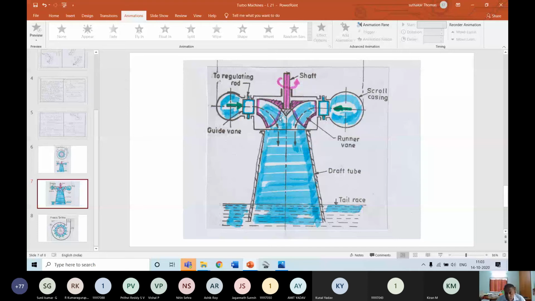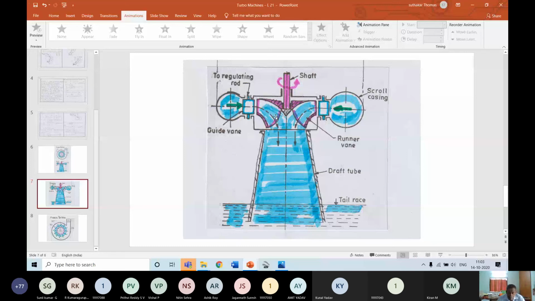You may have 3, 4, or 5 blades, and in the Kaplan turbines, the runner blades can be turned about an axis, so that the orientation can be slightly changed to take care of the changing loads.